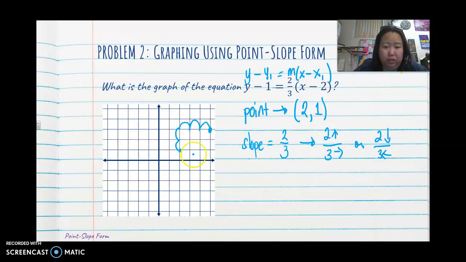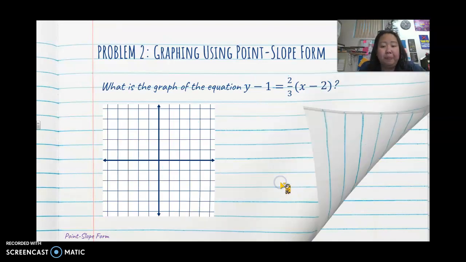So our next point is going to be there. This is our first point, which is given from the equation. That's our second point. And so we can already, oops, sorry, my bad. I don't know why it changed to an eraser there. So you can already have a line that goes like that. Okay, so pretty direct. You have your slope, you're given 1 point. All you need to do is find a second point, and you can use the slope to do that.